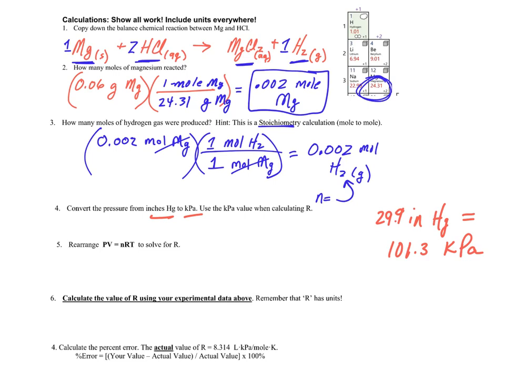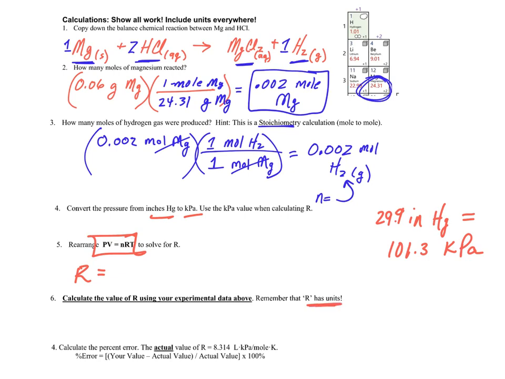Number 5 is to rearrange using algebra, solving for R. Then you're going to get a value for the ideal gas constant. Number 6, calculate the value for R using your experimental data. Remember that R now is going to have units.